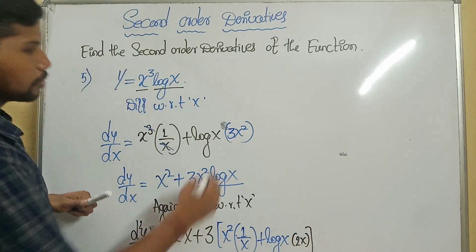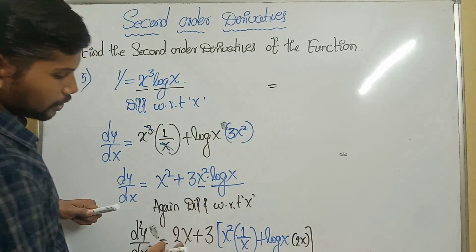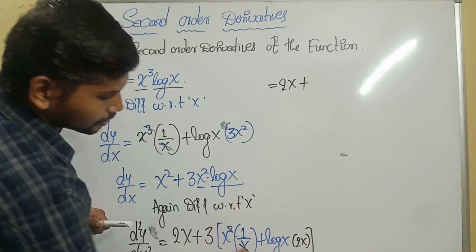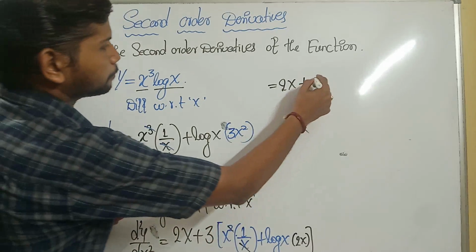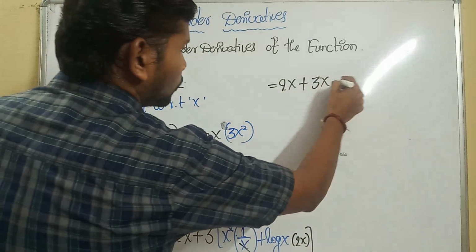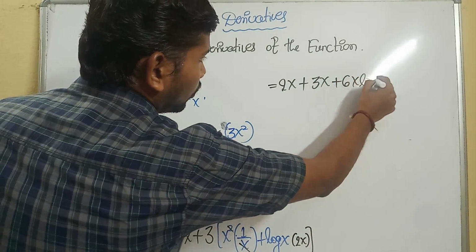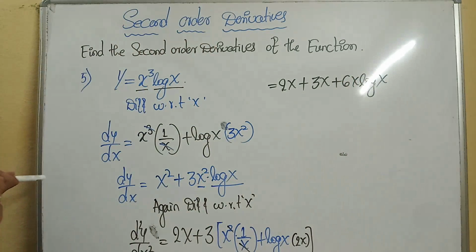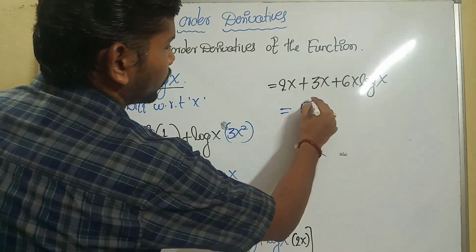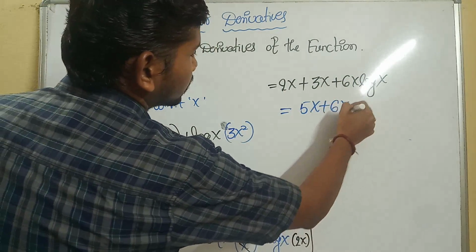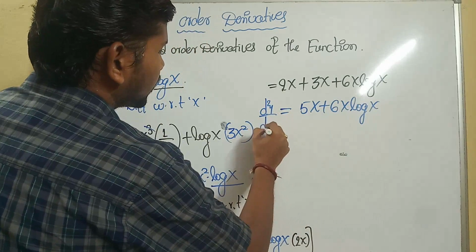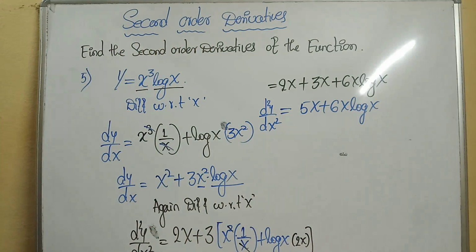I think you understood the part. I'd like to continue here. It will be 2x as it is, plus one of the x terms will be cancelled, 3 into x will be 3x. Again 3 into 2 will be 6x log x. Then the next step: 2x plus 3x will be 5x plus 6x log x, which is nothing but the double derivative of the given function.